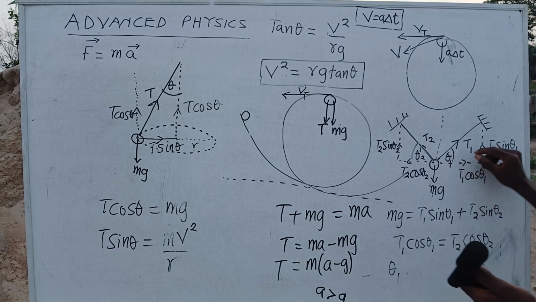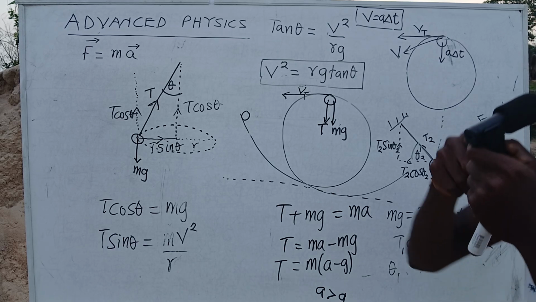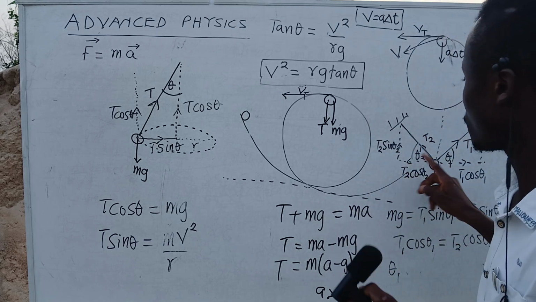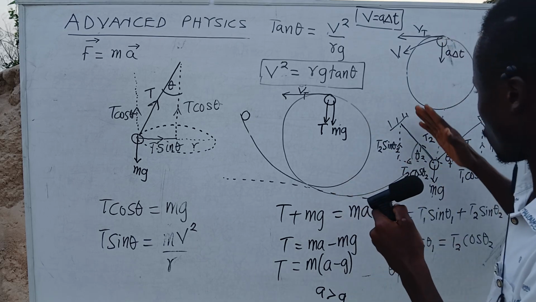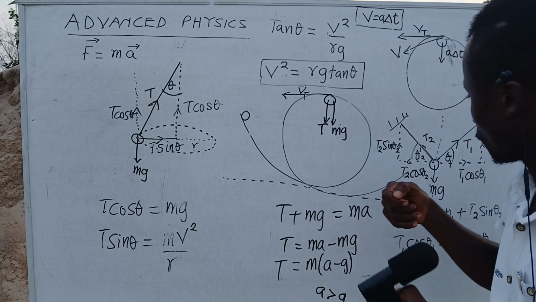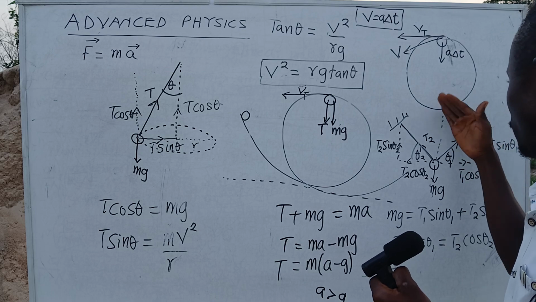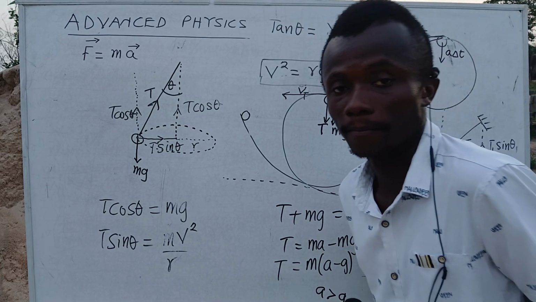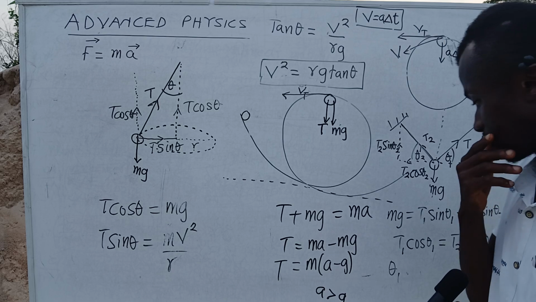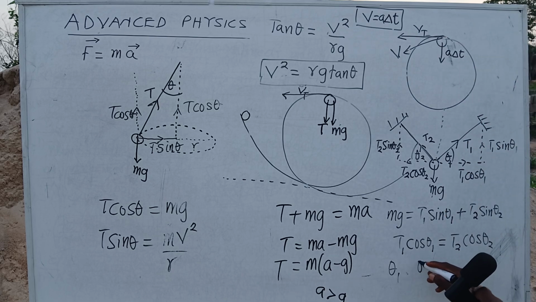If theta 1 is 0, the string will be infinitely taut. Theta 2 also cannot be 0, or the string will be infinitely taut. You see, and then again, the theoretical maximum is 90 degrees. So that will be your test for theta 1 and theta 2.